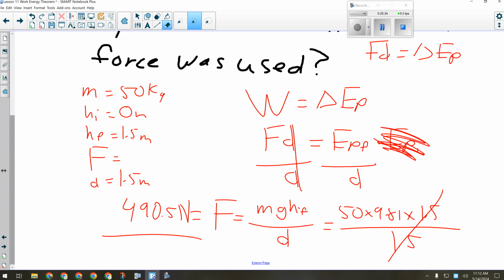Okay, incidentally, that is the weight of the box. Probably looking at me going, Coderre, the weight of the box is 50 kilograms. No, it's not. Okay, weight and mass are two different things. Mass is how much of you there is, 50 kilograms in this case. Weight is how much gravity pulls on your mass.